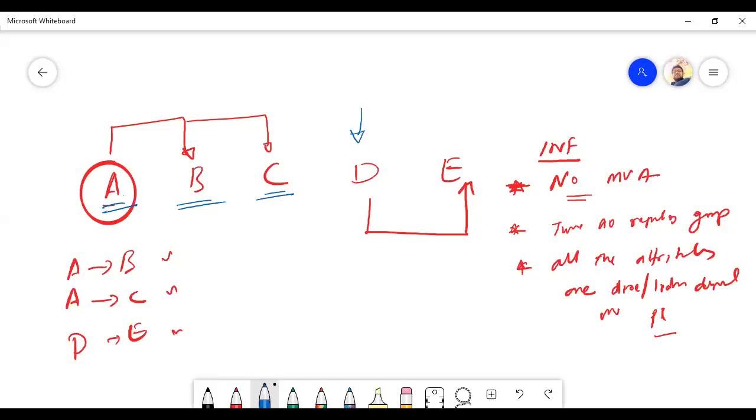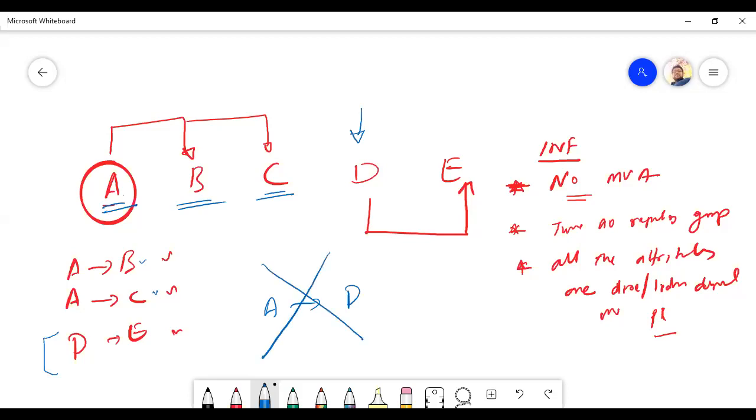D is not directly or indirectly dependent on A. See, B and C, but A is not determining D. So you don't have this case.